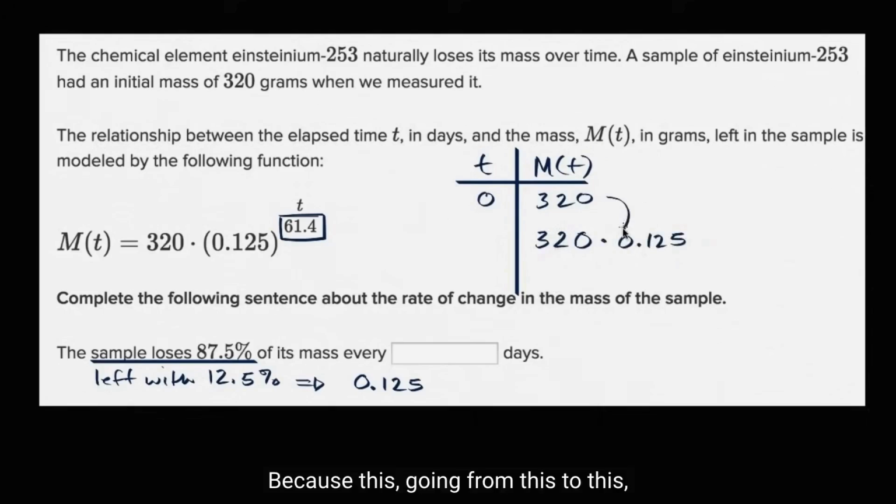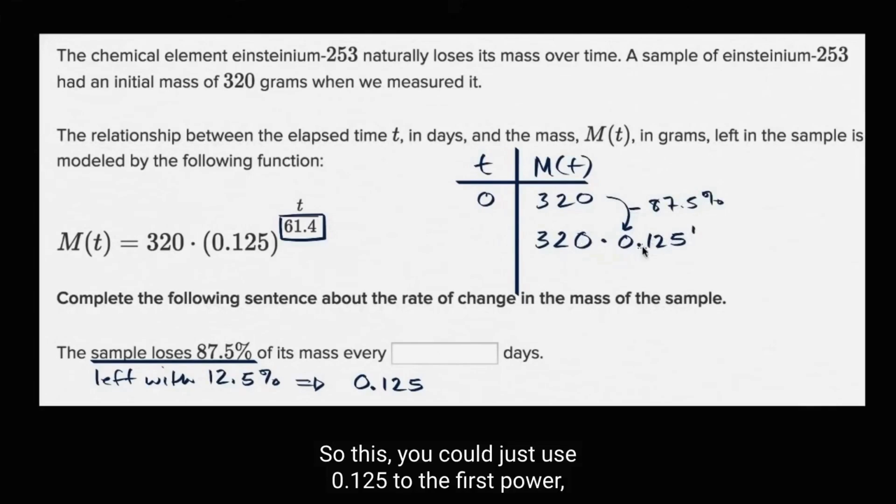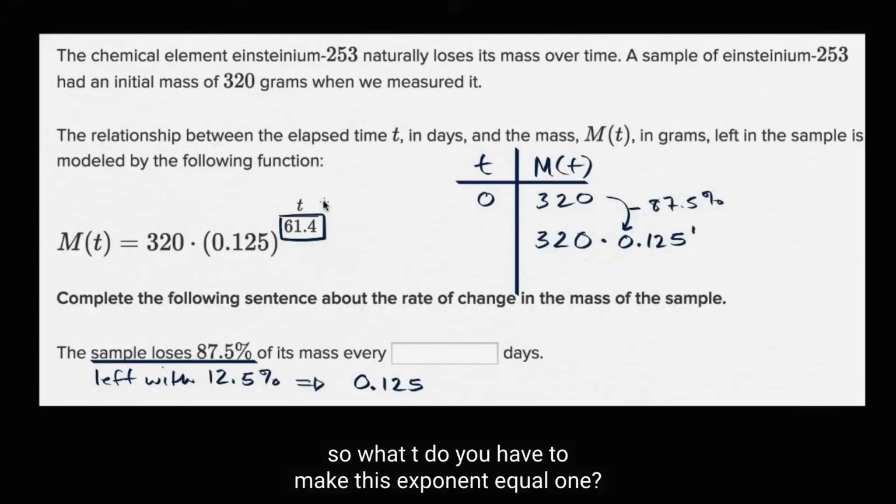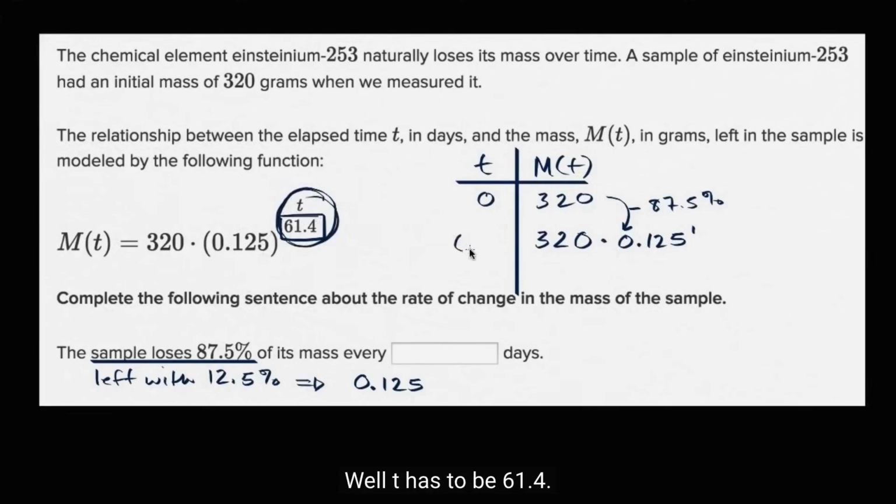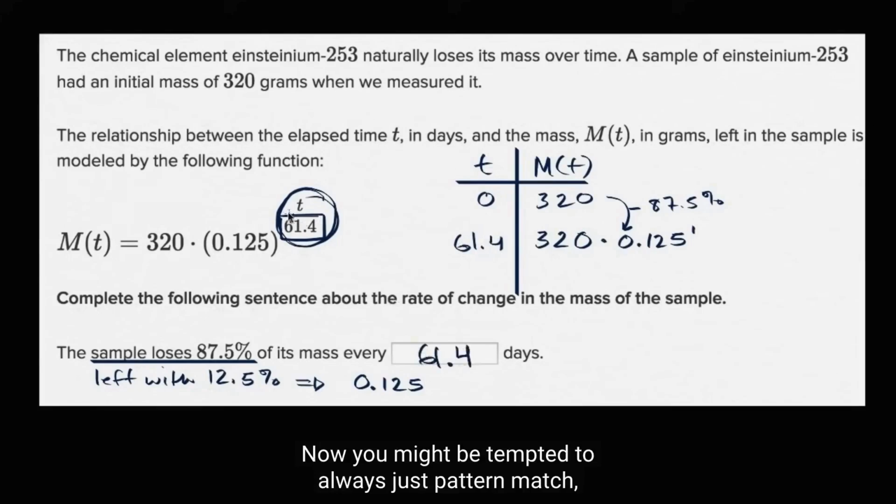Because going from this to this, that is losing 87.5% of the mass. You've lost 0.875 to get to 0.125. So you could just use 0.125 to the first power. So what t do you have to make this exponent equal 1? Well, t has to be 61.4, where t is in days. 61.4 days.